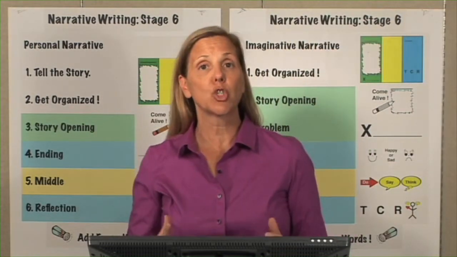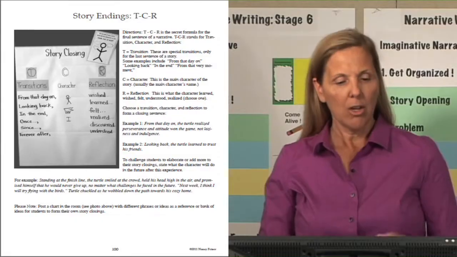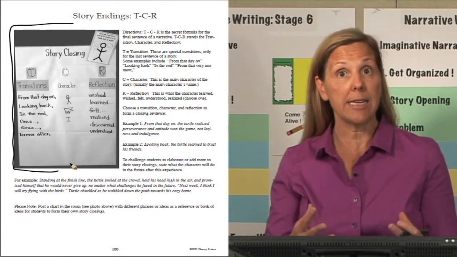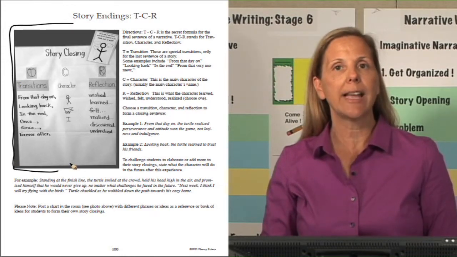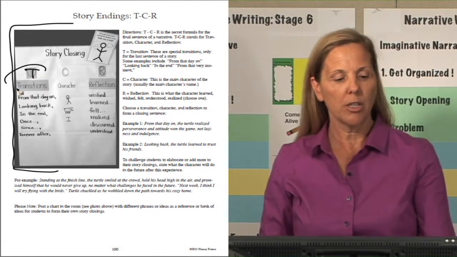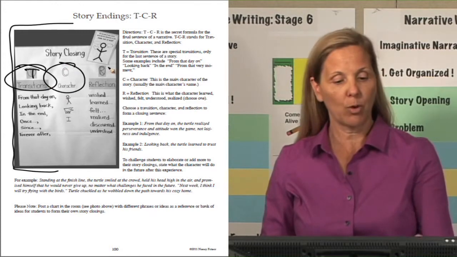At the end of all of our stories, we ended them with the secret formula TCR. On page 100, you will see a story closing or ending chart that shows that TCR secret formula. T is for transition. C is for character. R is for reflection.